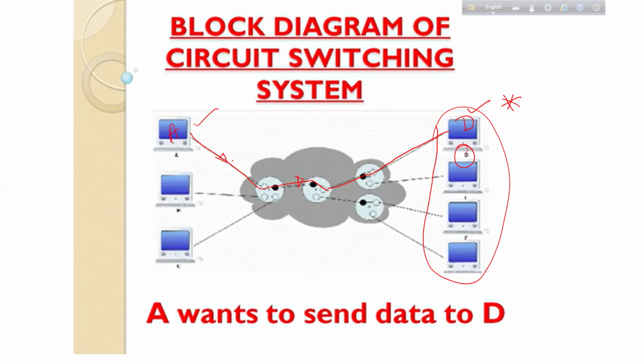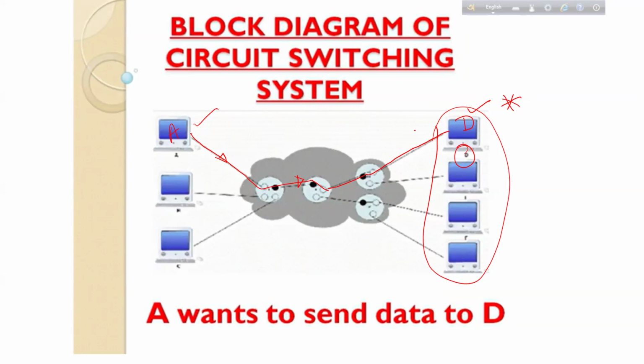It may happen that A is not transferring data continuously. It sends data, then waits for 2 minutes, then again sends data. So the data is not continuous, it is bursty, irregular in nature.